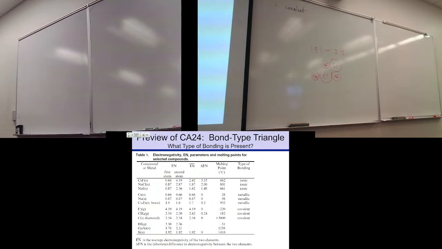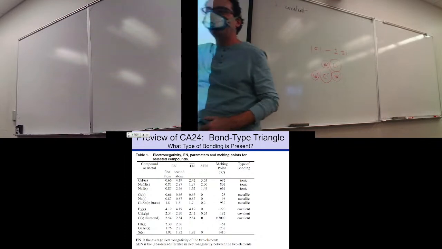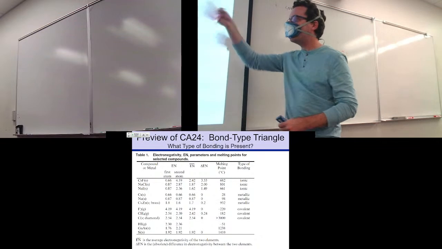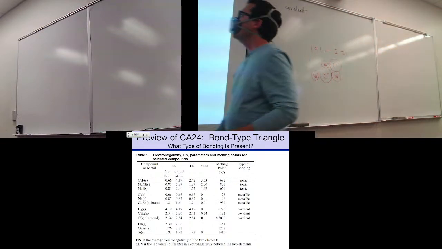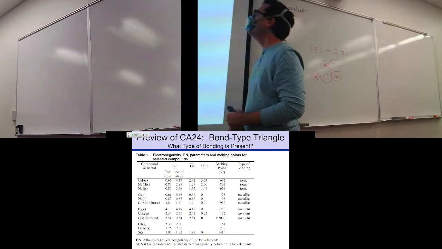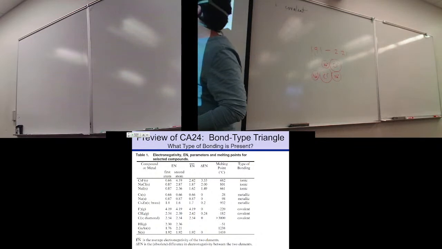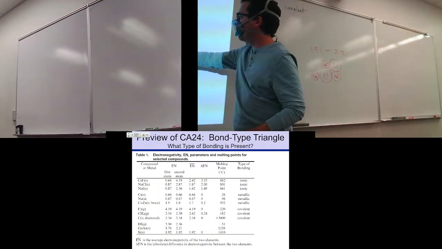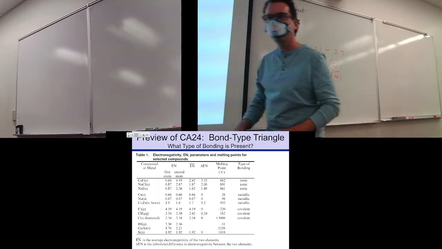And we calculate the average electronegativity. All right, in math, when you do a bar across something, that usually means mean, similar to average. So you add the two, divide by 2. And then this is the difference in electronegativity. So one subtracted from the other, absolute value. We have your melting point, just so you can see what the properties are. And we've got type of bonding listed here. Here it's unknown. You're going to figure it out yourself.